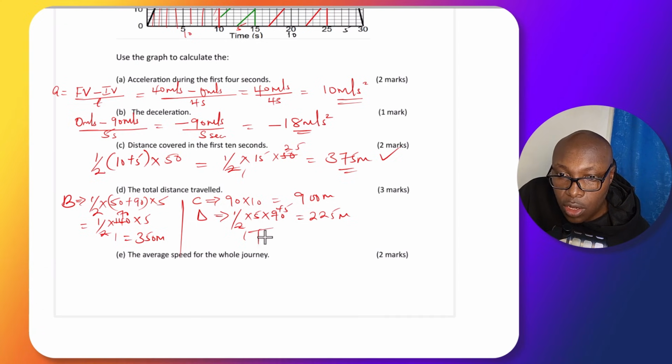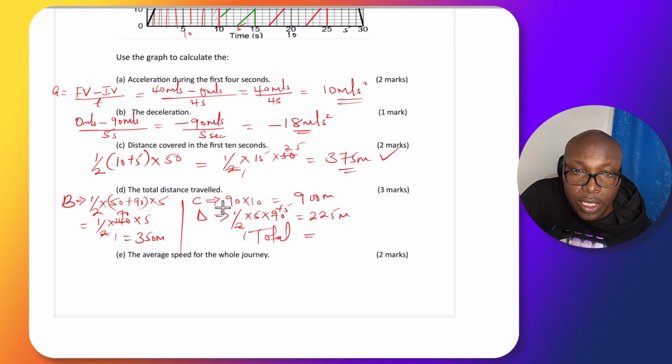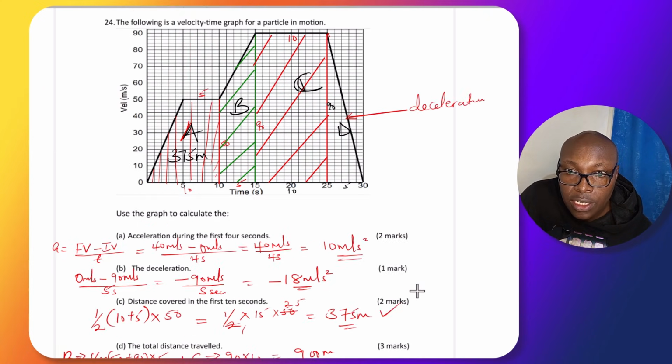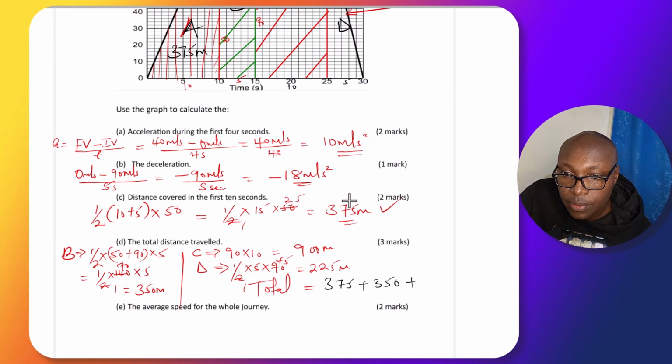So now the total distance, we shall add the area of A, which is 375, plus the area of B, which is 350, plus the area of C, which is 900, plus the area of D, which is 225.